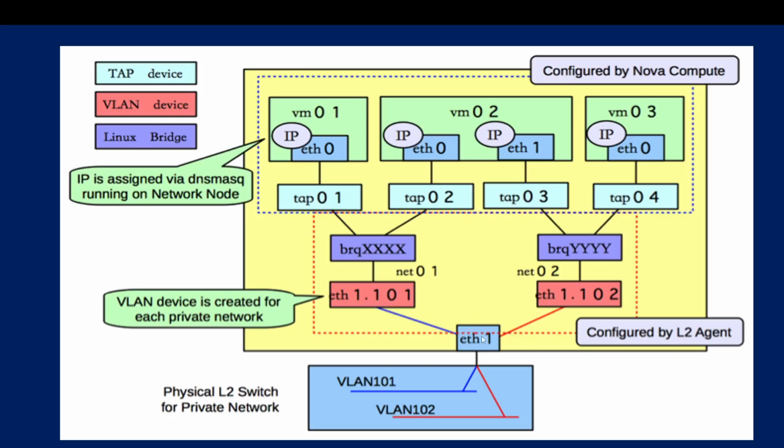We are directly considering one physical interface, ETH0 or 1, whatever it may be. On top of that physical interface, we need to create one bridge interface, say BR0.